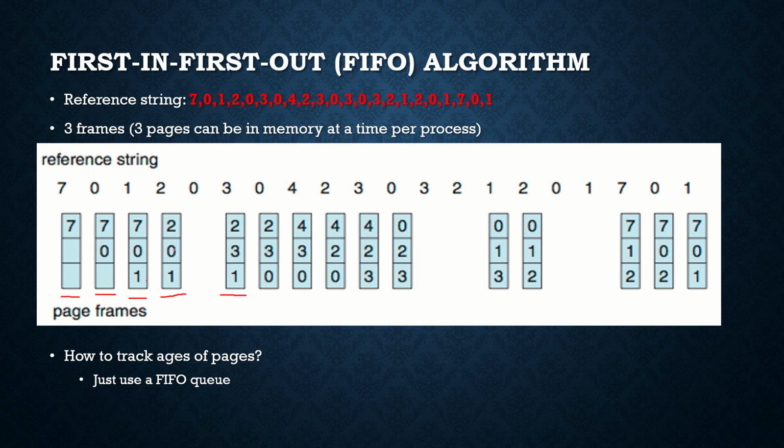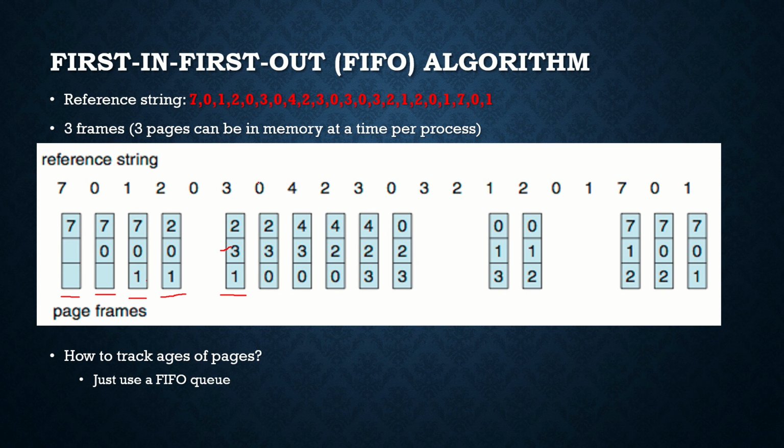Among 2, 0, 1 we have to see which page entered first. 2 entered here, 0 entered here and 1 entered here. 0 entered first, so we replace 0 and write 3 here, because 0 entered first in the memory.